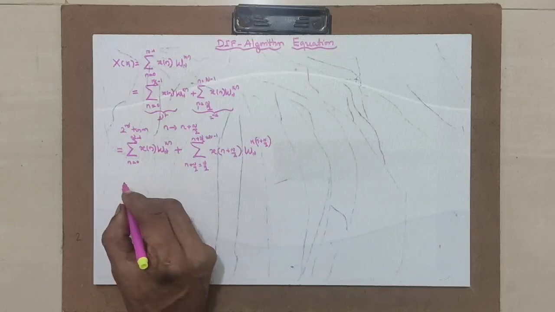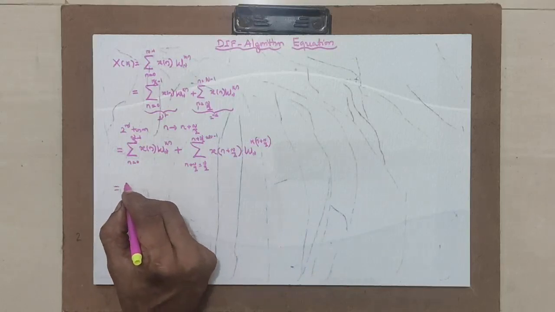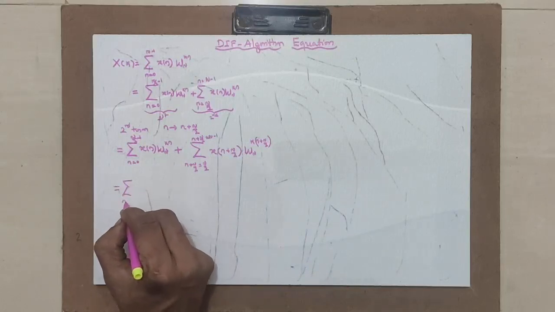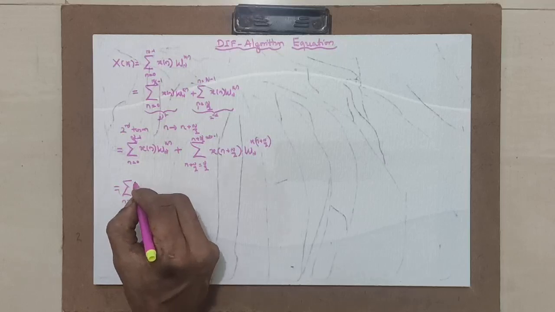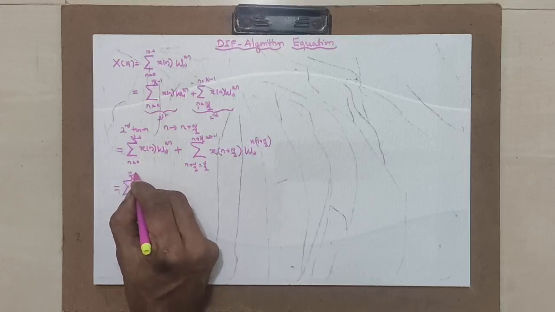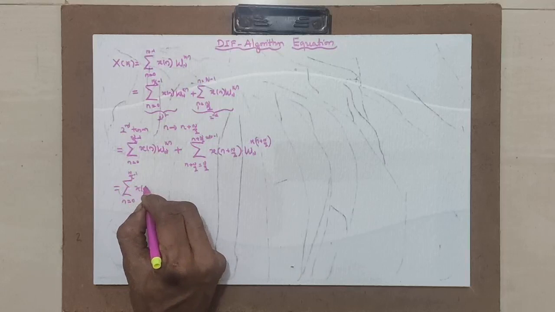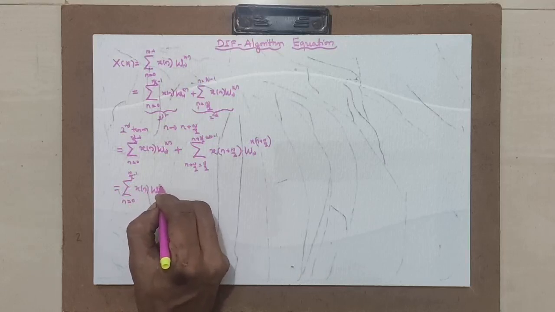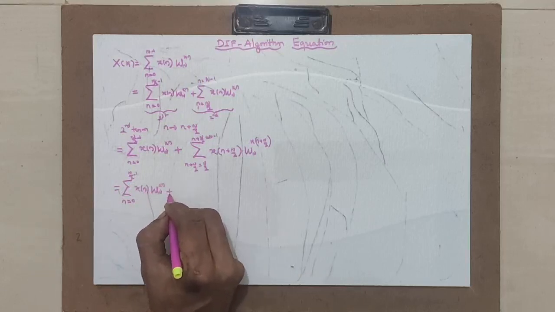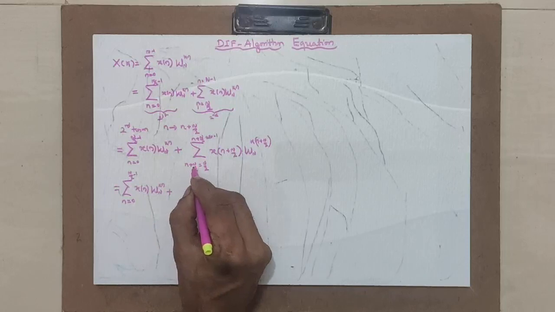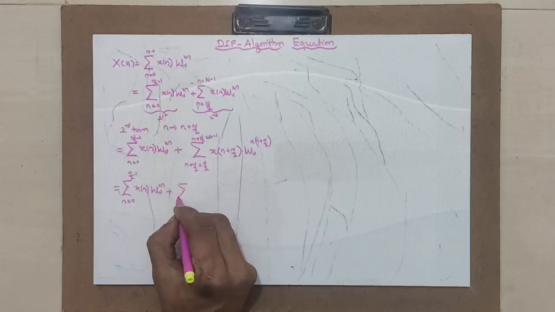Now continuing, for the first term there is no change: n is equal to 0 to N by 2 minus 1 x of n W_N raised to kn. Plus here you see N by 2 goes to the other side, hence n is equal to 0. Correct?